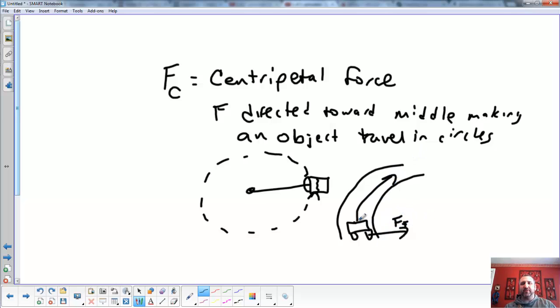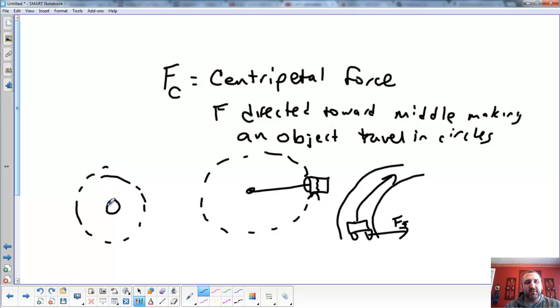So the car's going to be going that way. With a plane, you can talk about air force being directed towards the middle. And even in big planetary systems, you can talk about gravity being the centripetal force.